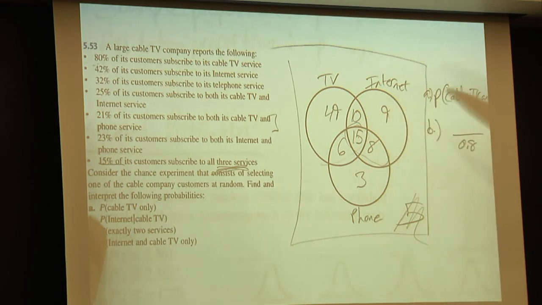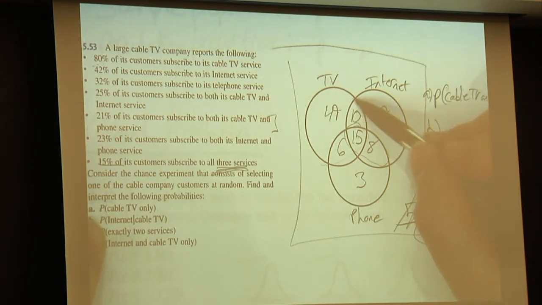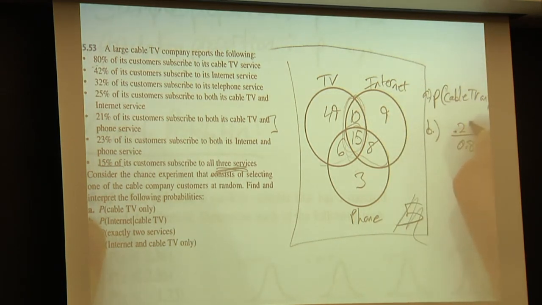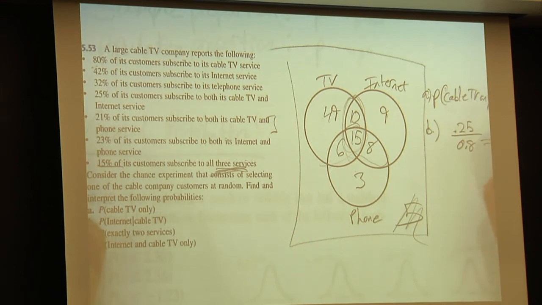So that puts us with all of these guys here. These guys have internet and they have TV. So 25 total people out of that 0.8, so 0.25 out of 0.8, which, if you do the math, is around 0.3125, okay? So again, this is called conditional probability, by the way, if you're looking for it in the book.